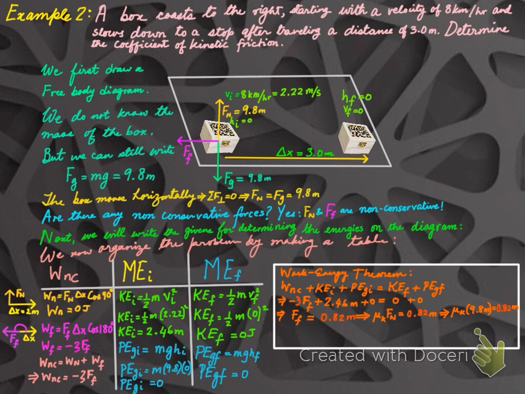Again, conveniently, we see that the mass does indeed cancel out. And so we get that the coefficient of friction is 0.82 divided by 9.8, and that equals 0.084. So mu k, the coefficient of friction, is 0.084.